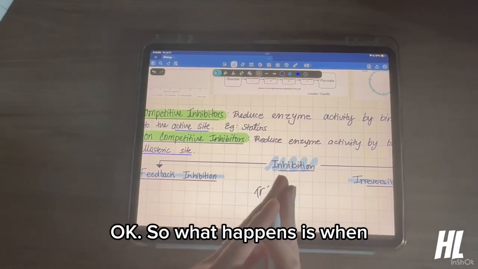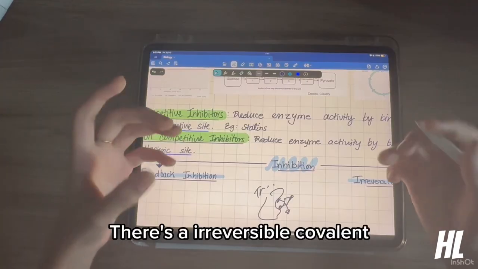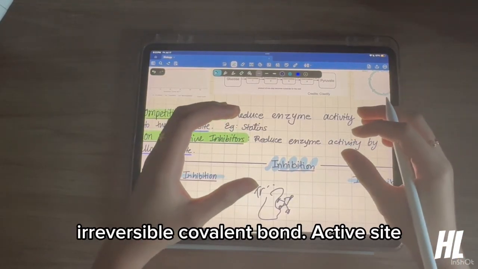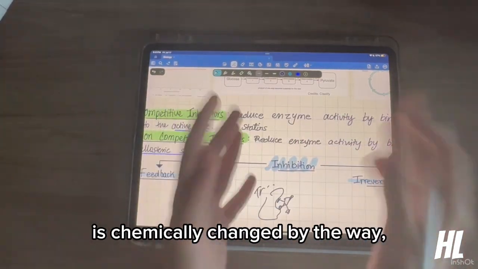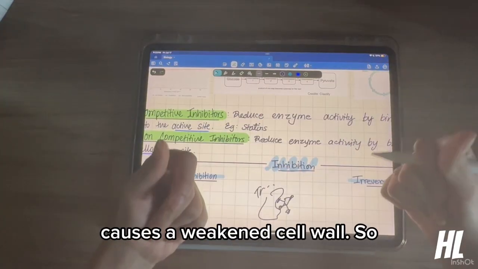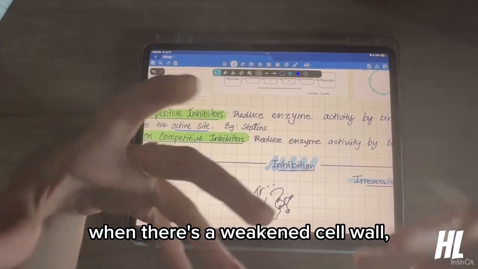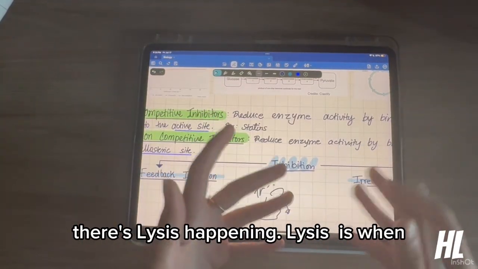So what happens is when the transpeptidase is a susceptible one, there's an irreversible covalent bond. Irreversible covalent bond. The active site is chemically changed, by the way, and this stops cross-linking and causes a weakened cell wall. So when there's a weakened cell wall, there's lysis happening.